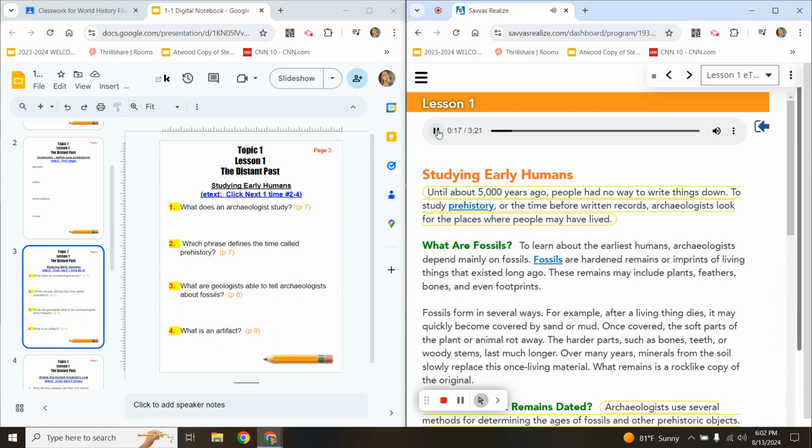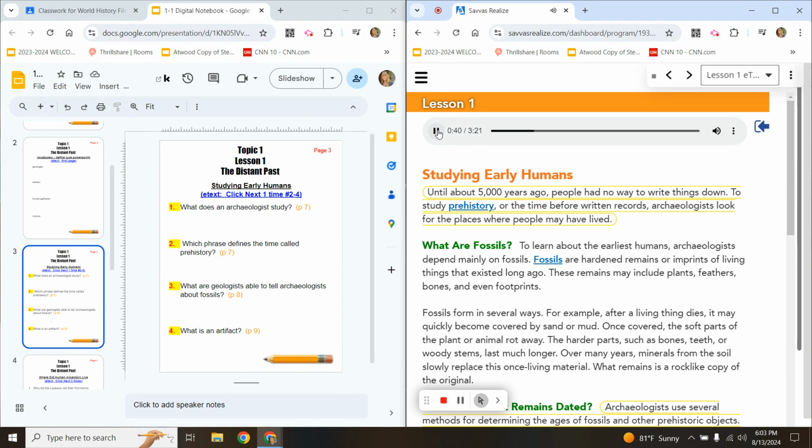What are fossils? To learn about the earliest humans, archaeologists depend mainly on fossils. Fossils are hardened remains or imprints of living things that existed long ago. These remains may include plants, feathers, bones, and even footprints. Fossils form in several ways.